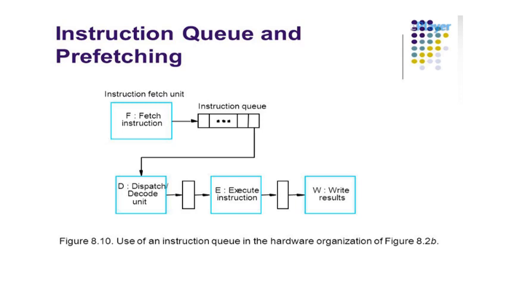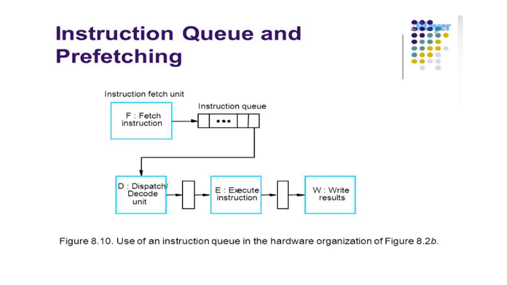A separate unit, which we call the dispatch unit, takes instructions from the front of the queue and sends them to the execution unit. This leads to the organization shown in the figure. The dispatch unit also performs the decoding function.